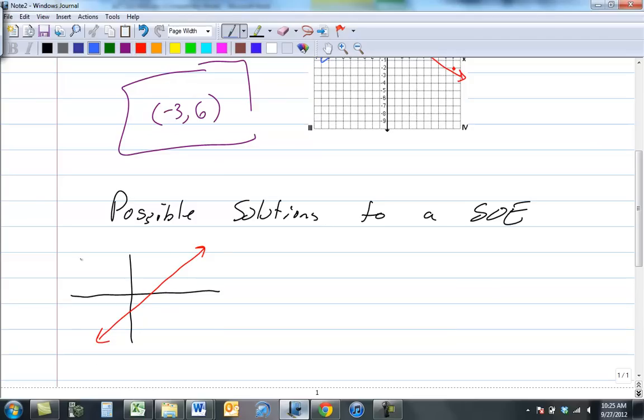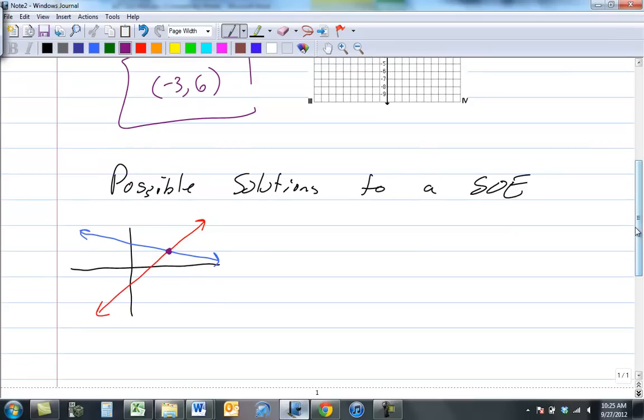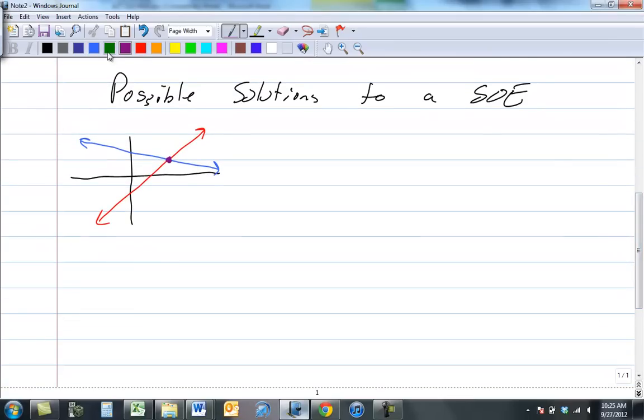We had this red line going like this, and another one going like that. Where is the solution to this system of equations? It is the intersection point. The intersection point is the solution to a system of equations. So this one has one possible solution.